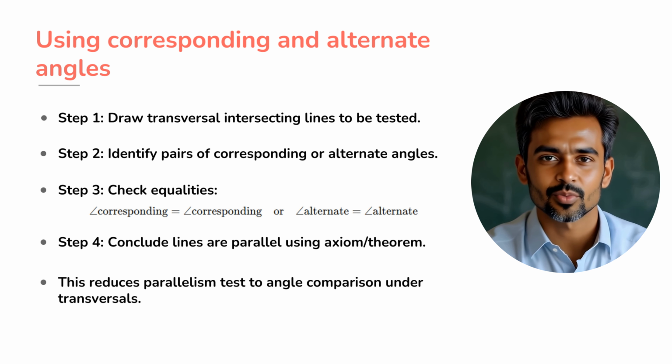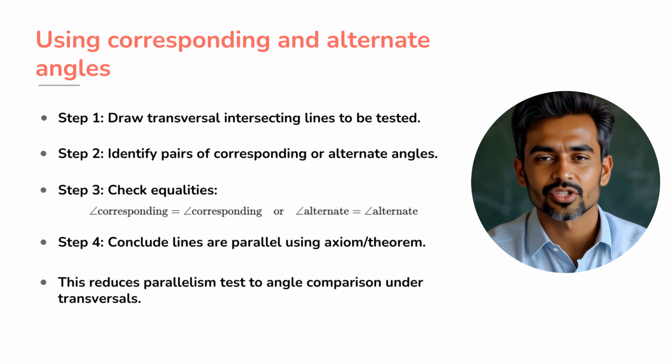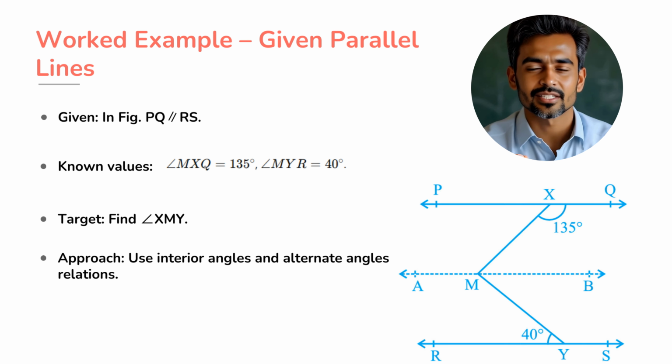In notation, we say angle corresponding equals angle corresponding or angle alternate equals angle alternate implies parallel lines. So, to test parallelism, you don't need to extend lines forever. Just measure or compare their angles with a transversal. That's it. Let's now look at an example from our book.